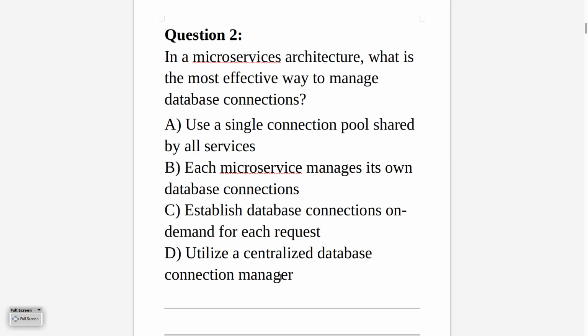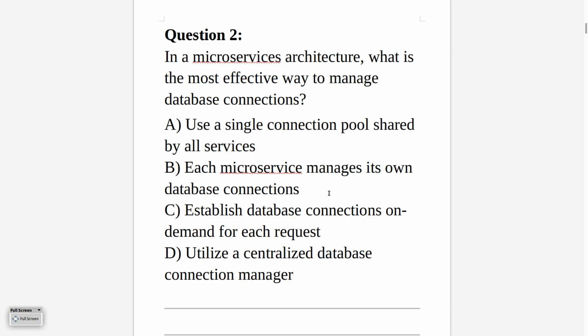Interesting. I don't think I know the answer to this question, and I might have a lot of trouble guessing as well. There's one that stood out to me that I don't think is going to be a good idea, and that was B, each microservice manages its own database connections. I mean you can do that, but I have a feeling there's probably a better way.